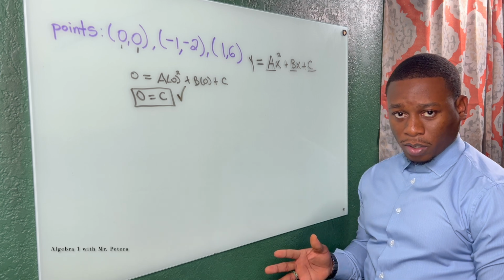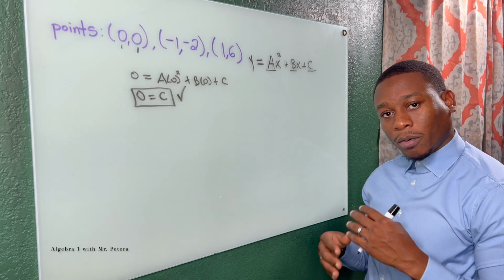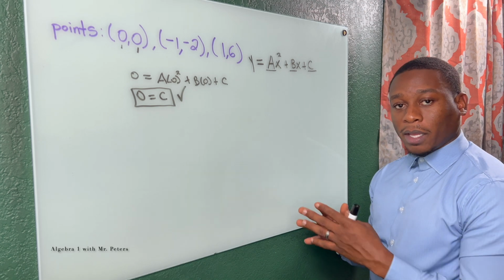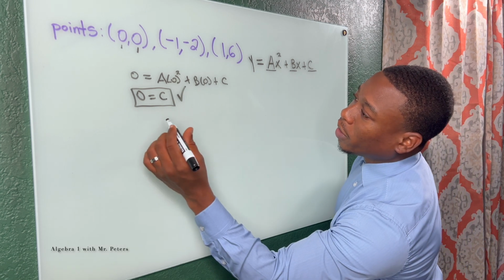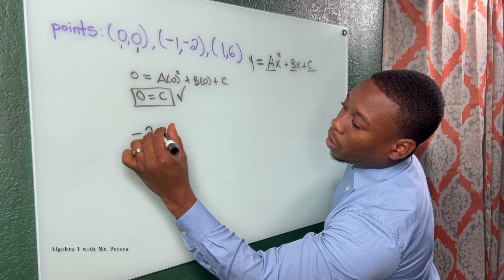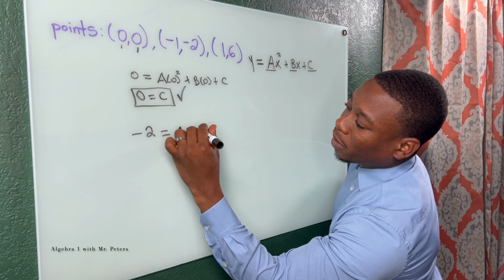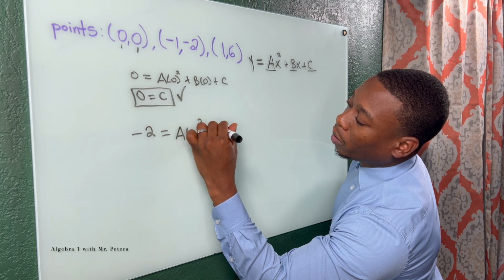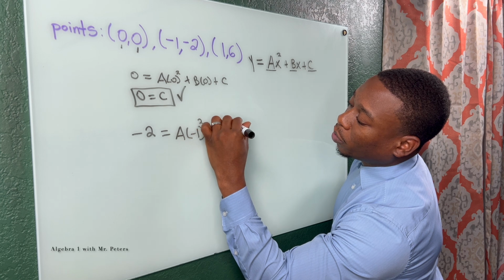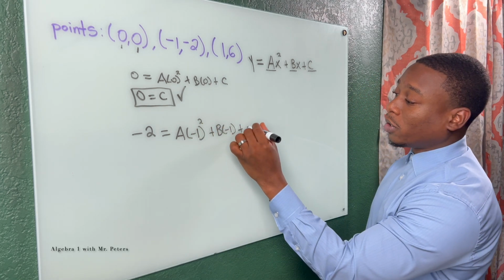So we already figured out what c is equal to. It's equal to 0. Now we're going to go over to the second point, and we're going to see if we could start putting together a and b. So in this second example, it tells me y is negative 2, so I substitute. Negative 2 is equal to a times negative 1 squared plus b times negative 1 plus c, we know c is 0.